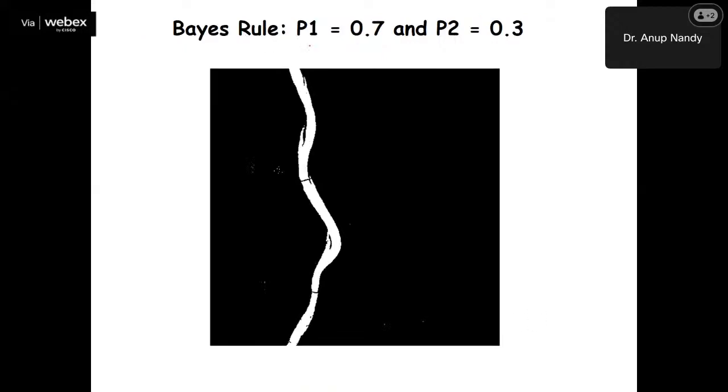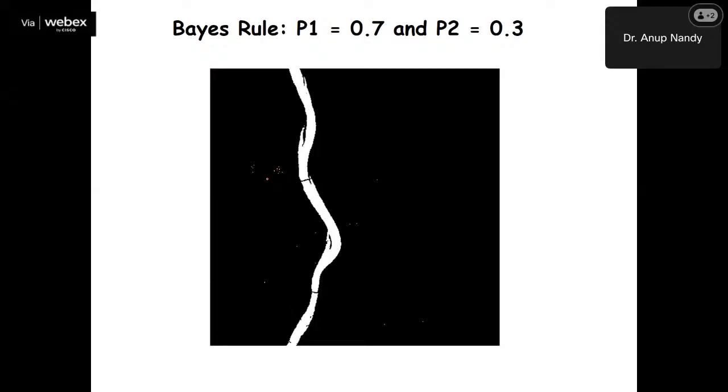So now, when I apply Bayes rule for P1 equal to 0.7 and P2 equal to 0.3, you are going to get another result. Now you can see there are some dotted pixels.